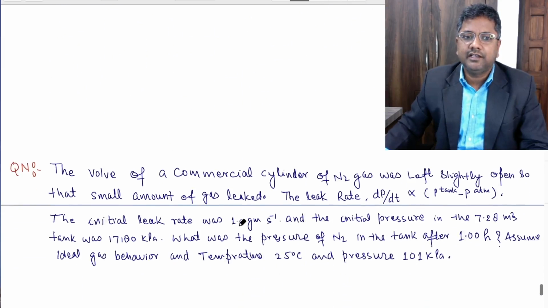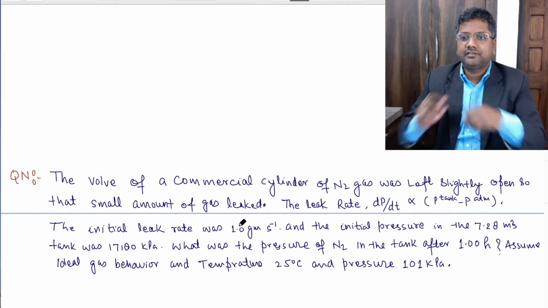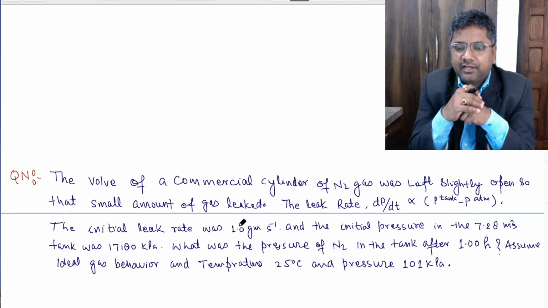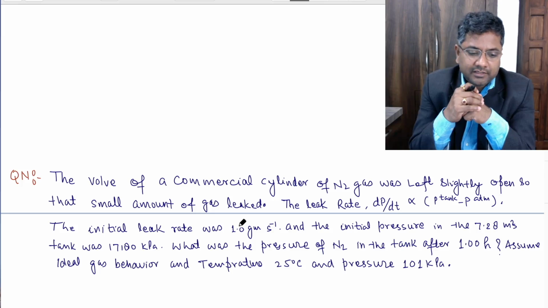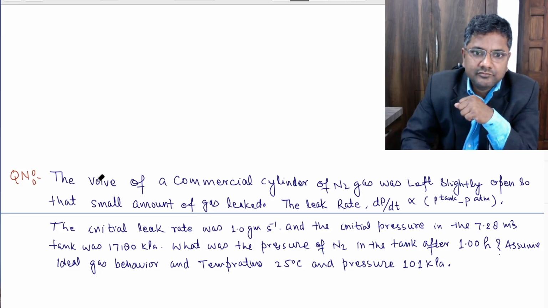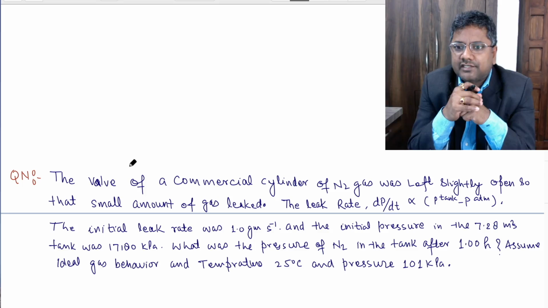Now see another question. First read this question carefully, and after that try to solve this. The valve of a combustion cylinder of N2 gas was left slightly open so that a small amount of gas leaked. The leak rate dP by dt is basically the pressure difference. This is the fact.